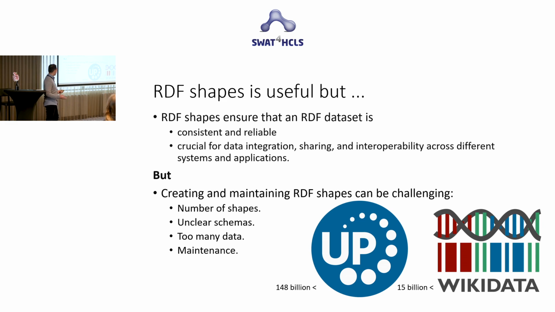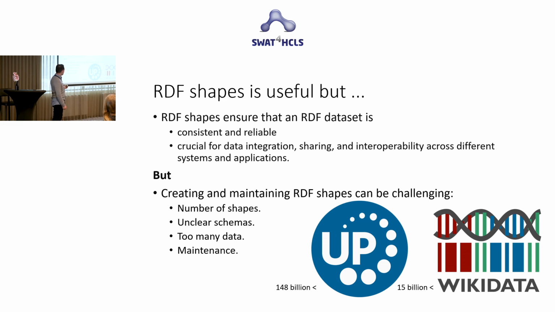So it's very useful. But creating and maintaining RDF shapes can be very challenging because there are many kinds of shapes. Each RDF shape is applied to each subject type, so if you have many kinds of data, you have many RDF shapes. It's very complicated to develop a shape from scratch.